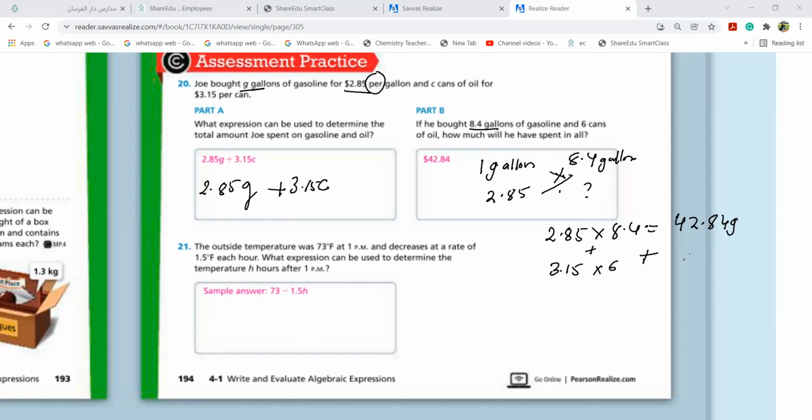Come on, do this. Plus how much? 3.15 times 6, how much is it? $18.9. Now, when you add this, what do you get?